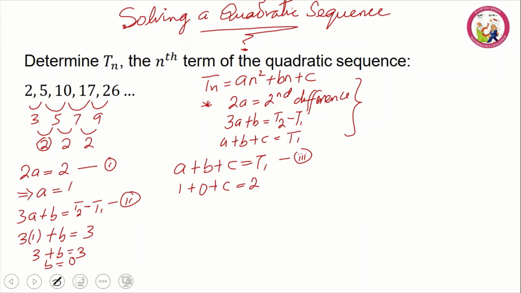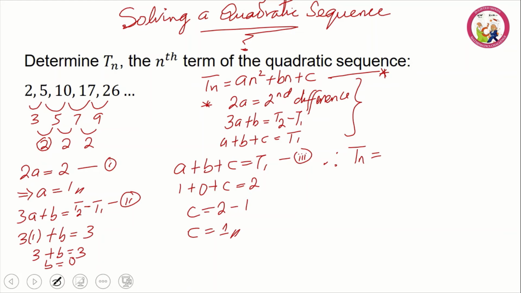Then we have c equal to 2 minus 1, and that will be equal to 1. So the value of c is 1, the value of a is 1, and the value of b is 0.